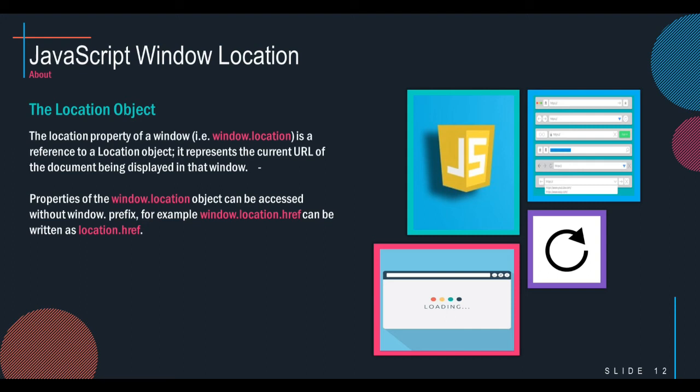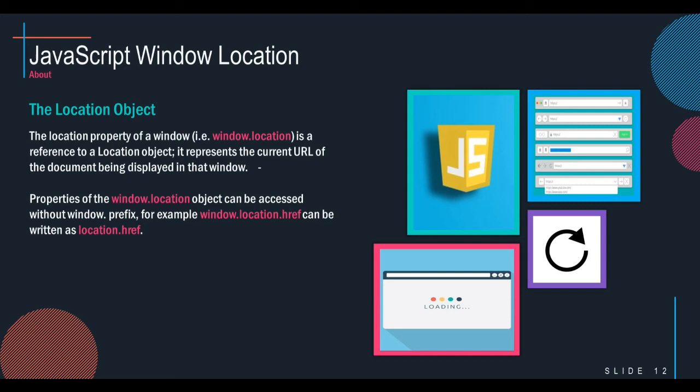Since the window object is at the top of the scope chain, properties of the window.location object can be accessed without the window prefix. For example, window.location.href can be written as location.href.